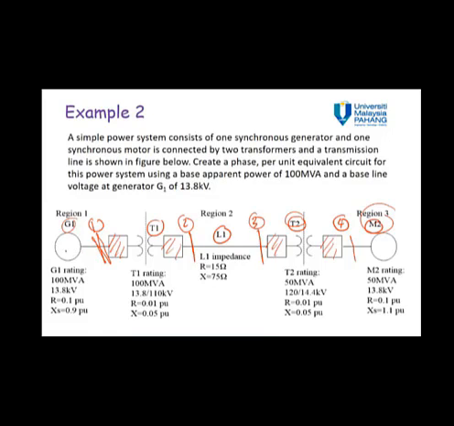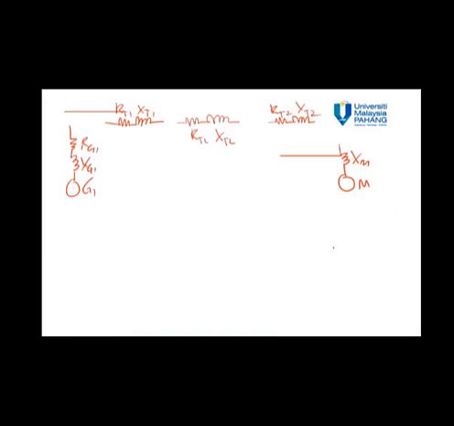Look at this single line diagram. When we draw the impedance diagram, we just make connections between the components. The generator connects to the transformer T1, then transmission line 1, then T2, and then the motor.